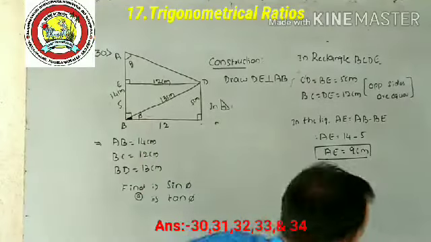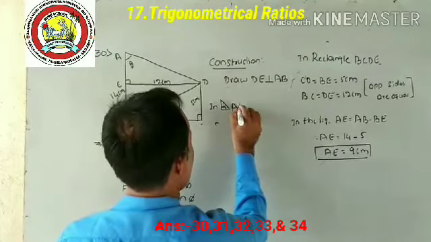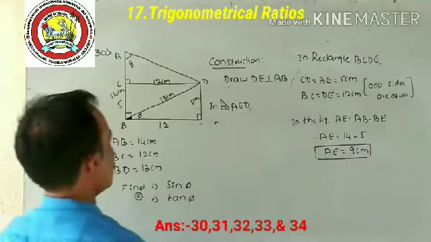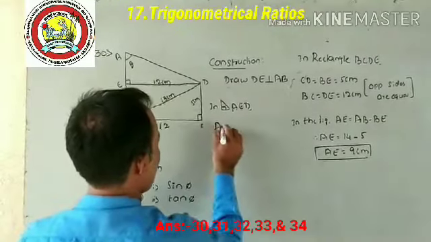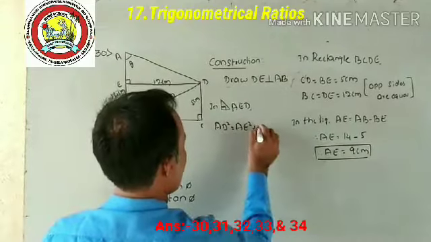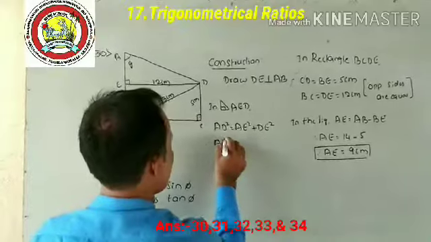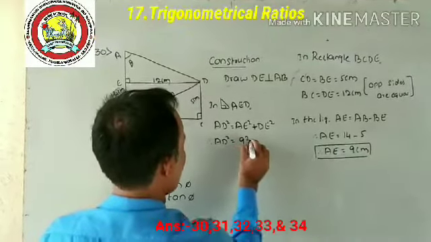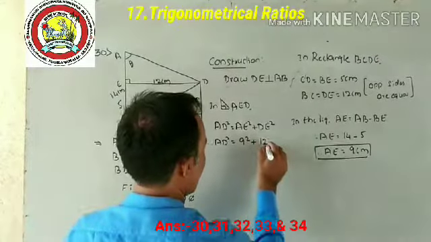Next, once again in a right angle triangle, this time consider the right angle triangle AED. As hypotenuse AD square is equal to AE square plus DE square. What is the value of AE? 9 square, plus what is the value of DE? 12 square.